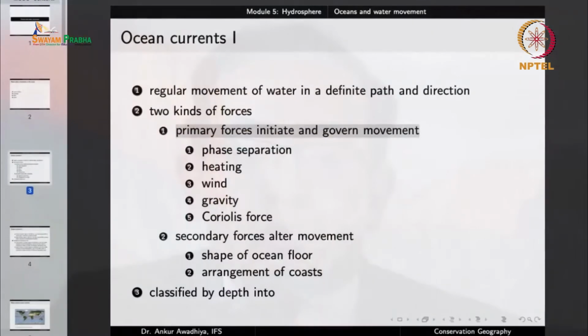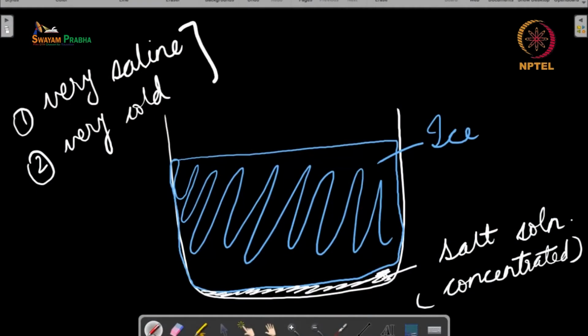One, water has the highest density at around 4 degrees Celsius. So if you reduce the temperature, the water becomes more and more dense. And the water also has a high load of salt, which also increases the weight per unit volume. So with both of these, it becomes very dense water.